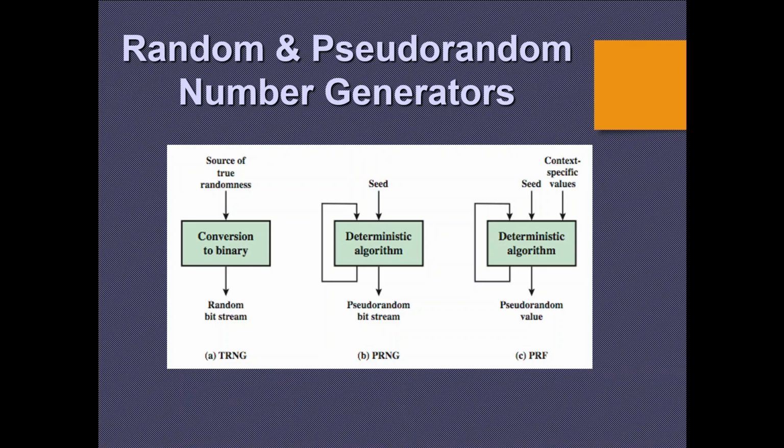In contrast, the pseudo-random number generator takes as input a fixed value called the seed and produces a sequence of output bits using a deterministic algorithm. Typically, as shown, there is some feedback path by which some of the results of the algorithm are fed back as input as additional output bits are produced. The important thing to note is that the output stream is determined solely by the input value or values, so that an adversary who knows the algorithm and the seed can reproduce the entire bit stream.